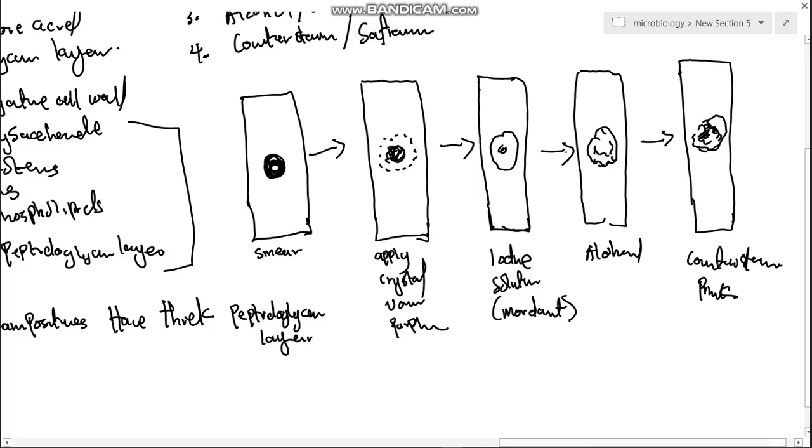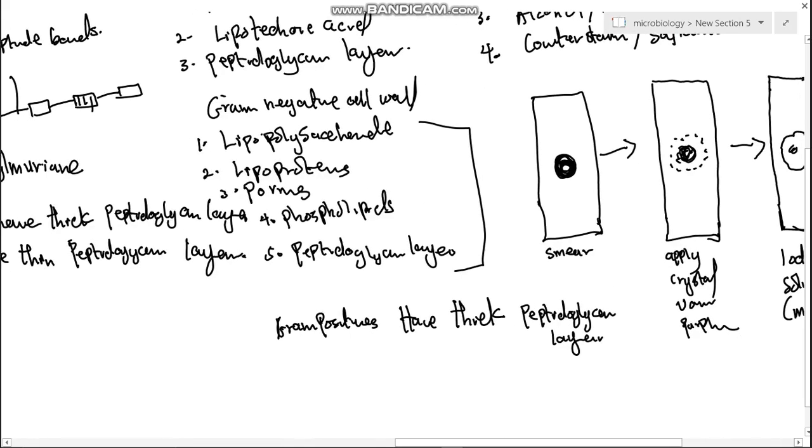But for the gram-negative bacteria, they have a thin peptidoglycan layer.